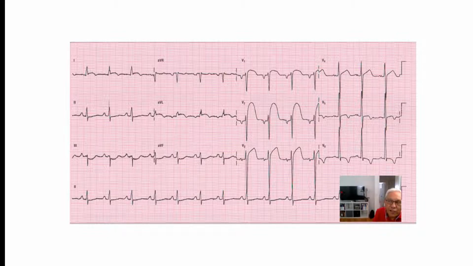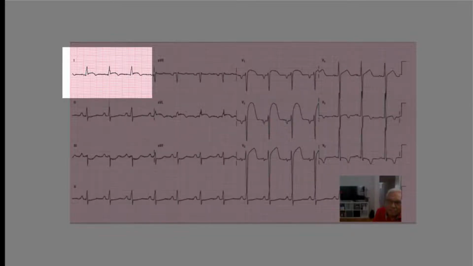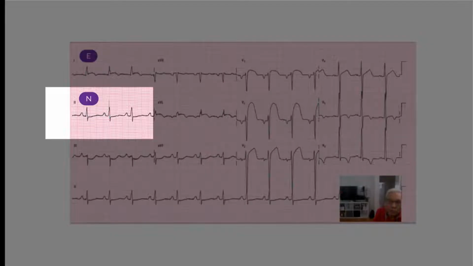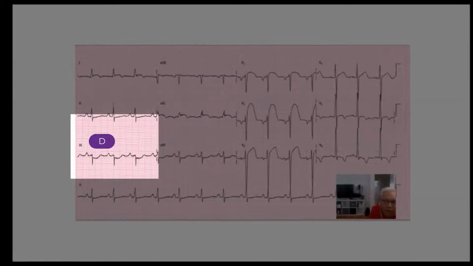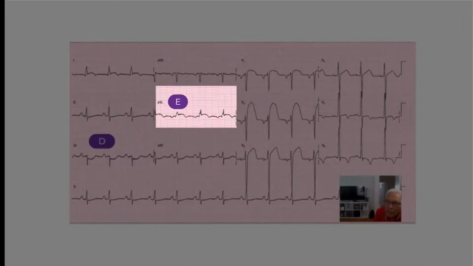Let's now analyze this ECG strip. Lead 1 is elevated. Lead 2 appears to be normal. Lead 3 is depressed. AVL is elevated.